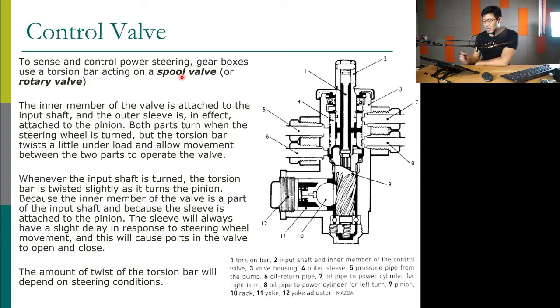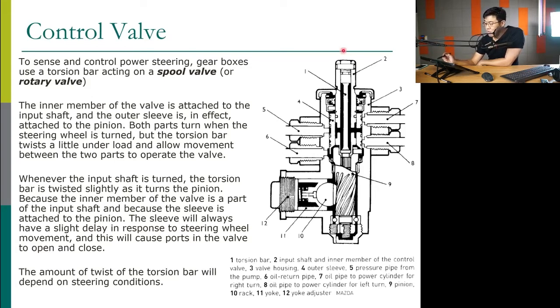If we look at this picture, this is a rack, this is a pinion. The pinion connects to one side of the torsion bar. Number one is the torsion bar. The other end of the torsion bar connects to the steering column, or the steering wheel.